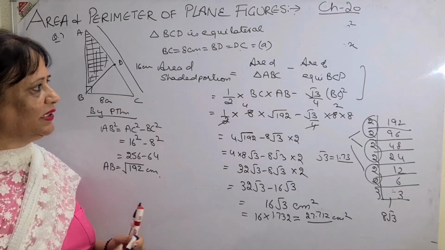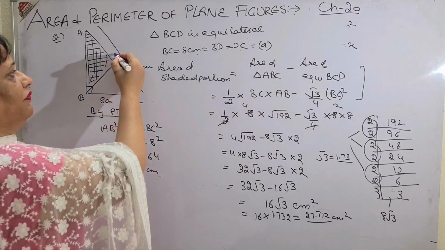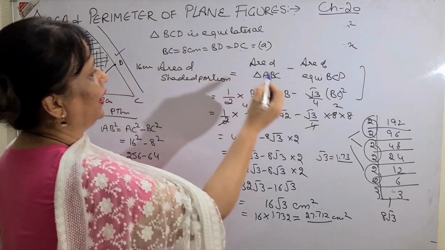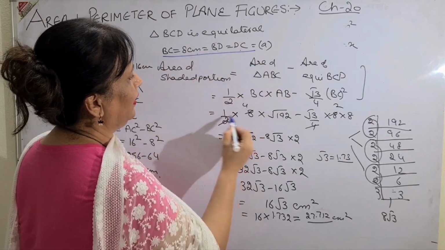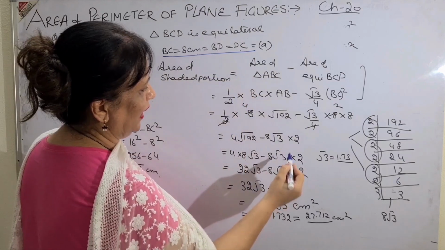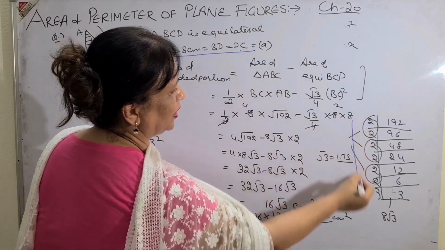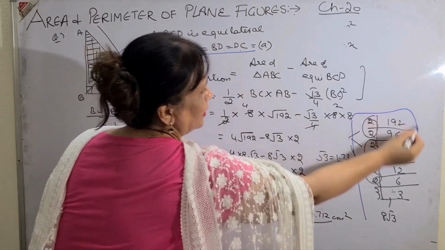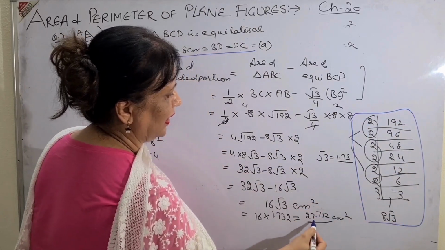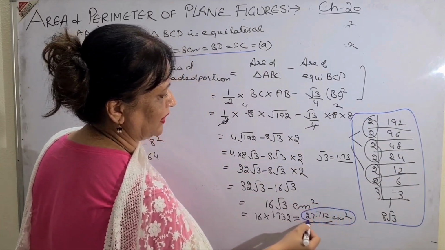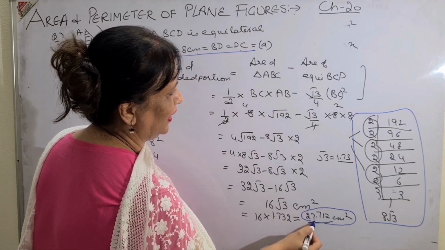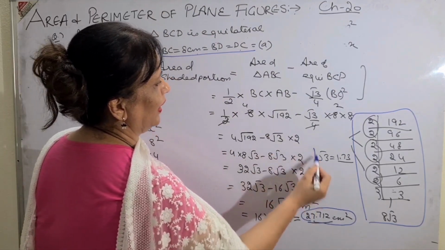So see children, if you do the sum like this, no one can cut your single mark. I have mentioned the question, mentioned the figure, mentioned the formulas, mentioned each and every step, and then I have done all the calculations, shown the rough columns, and then at last I have not forgotten to mention the units. You encircle the answer and no one can cut your marks.